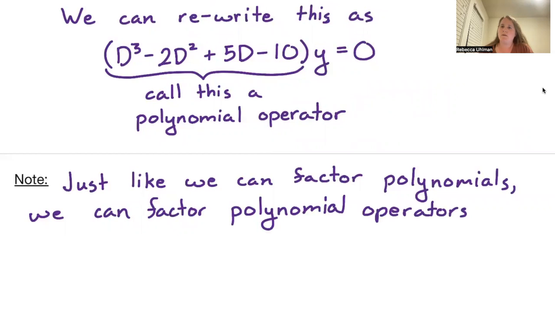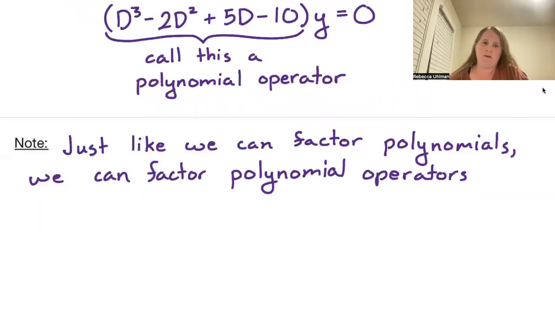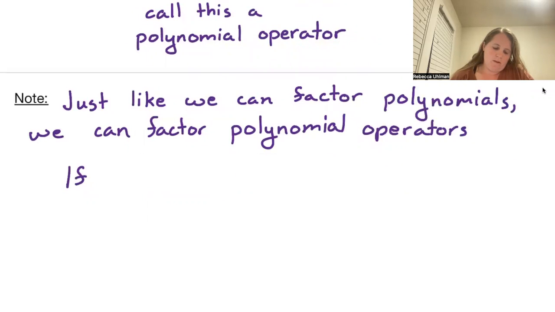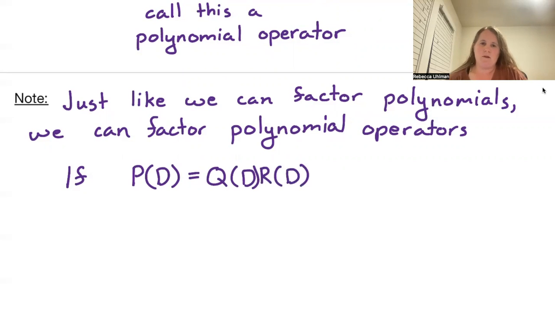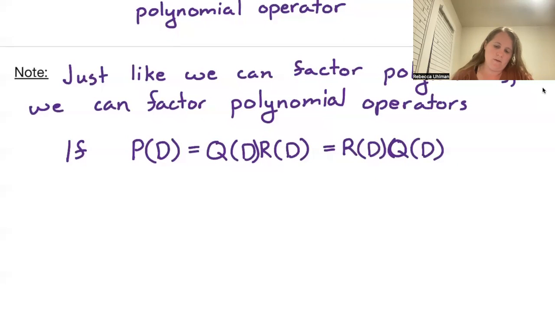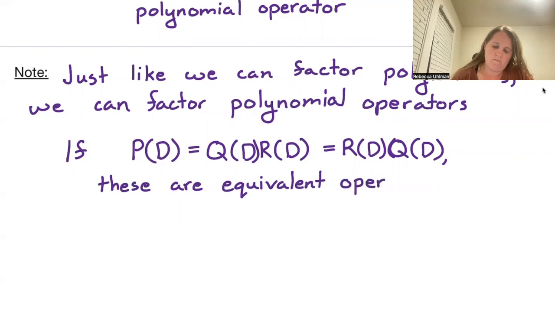And so if P of D can be written as Q of D times R of D, which is equivalently R of D times Q of D, essentially these are equivalent, meaning that for all y, they give the same answer.